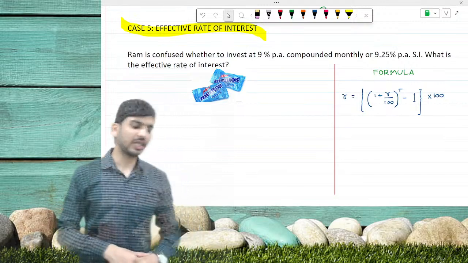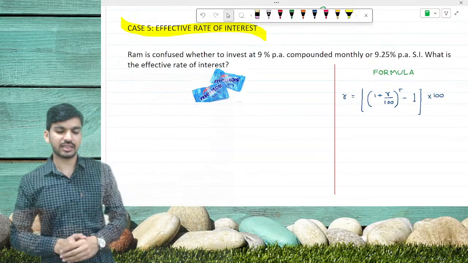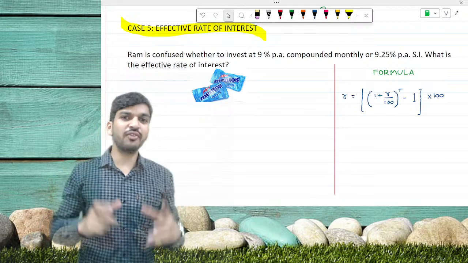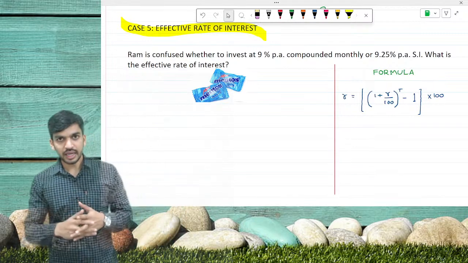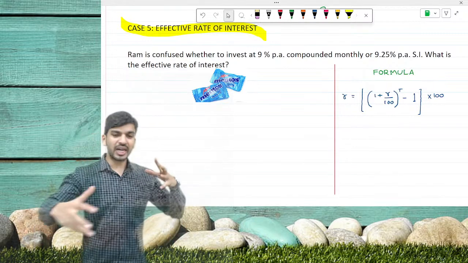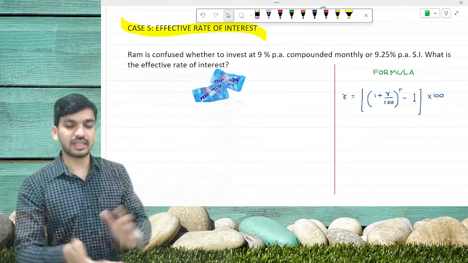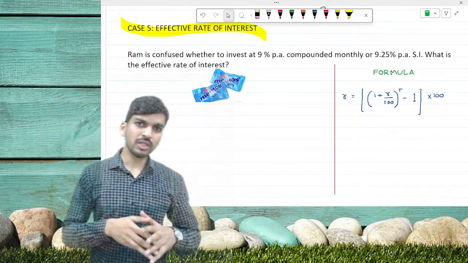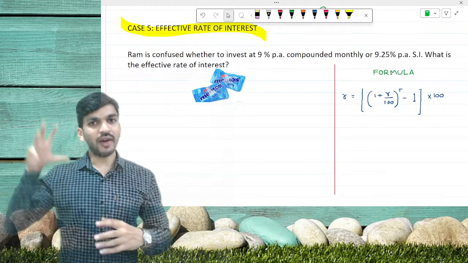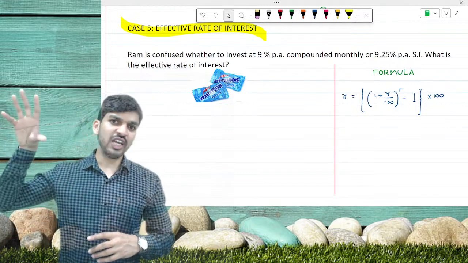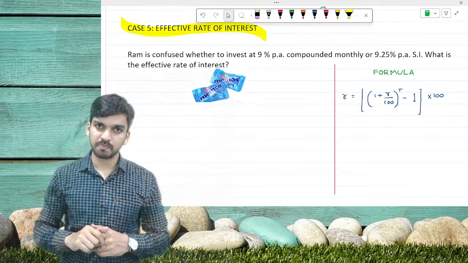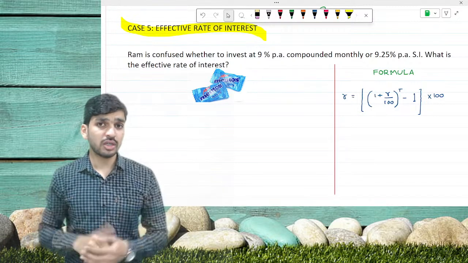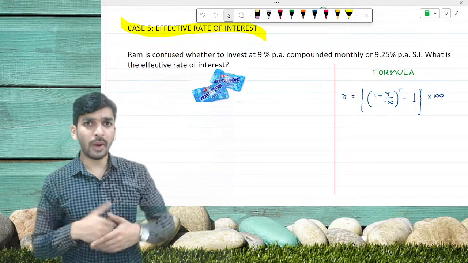Okay, let's continue. So the question given is, what is effective rate of interest? It's a very big topic, but let's cut it down to short. Suppose there are 2 banks. One bank is giving you 5% rate of interest. You should ask, sir, which? Is it simple interest or compound interest?